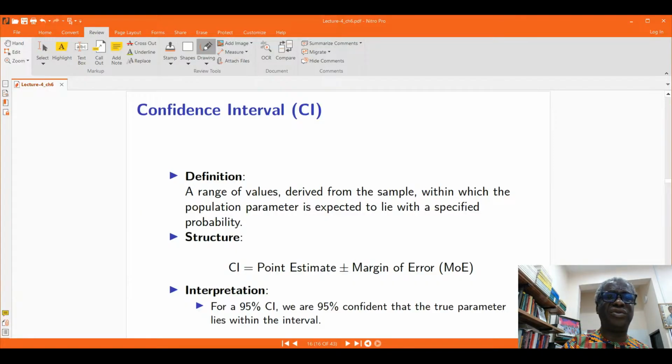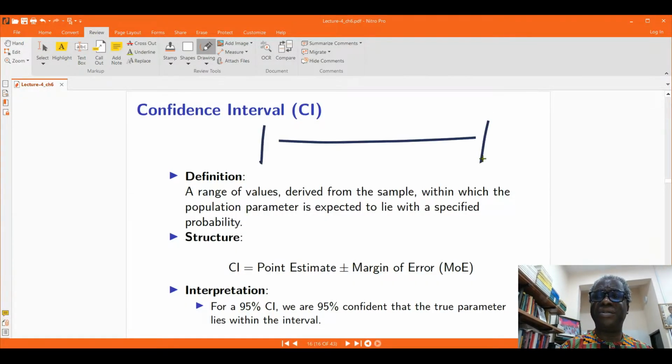So you usually have the minimum value or the lower limit, and then you also have the upper limit. So maybe A, maybe B.